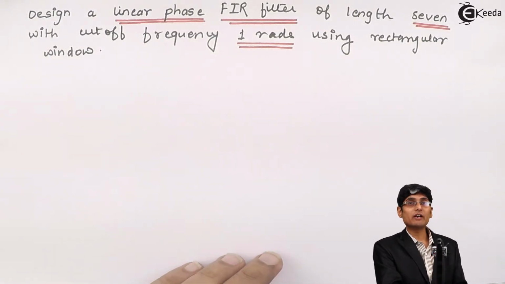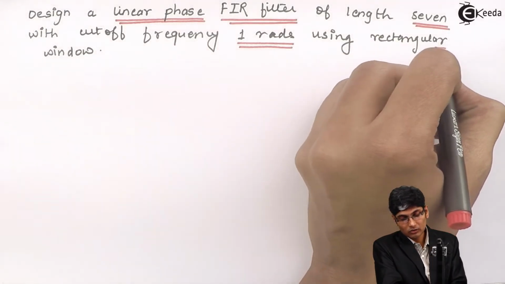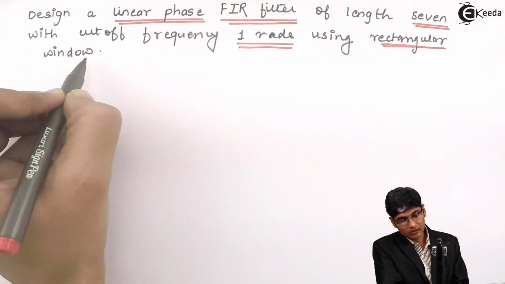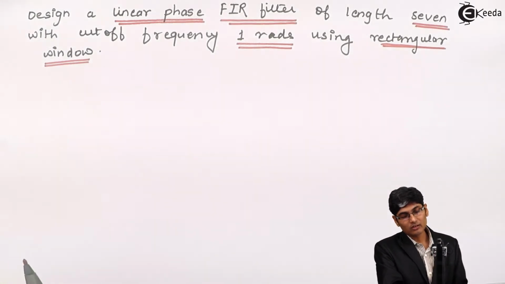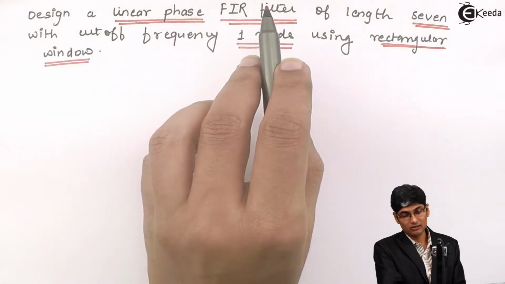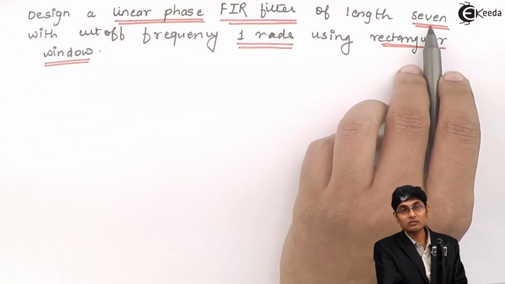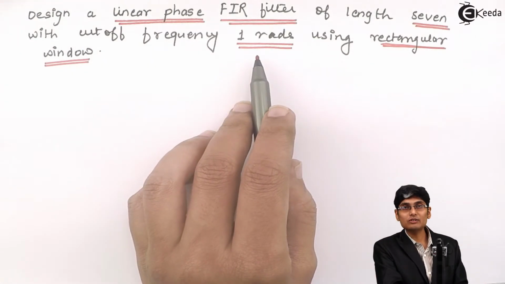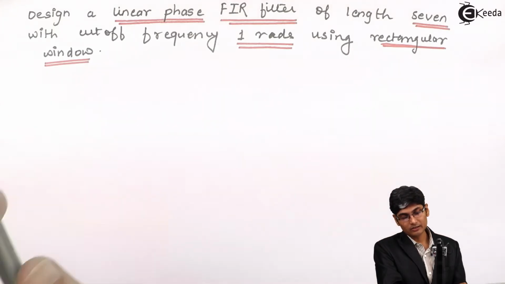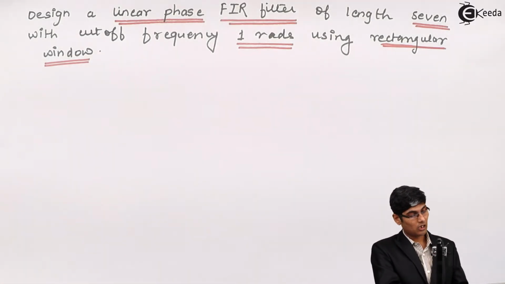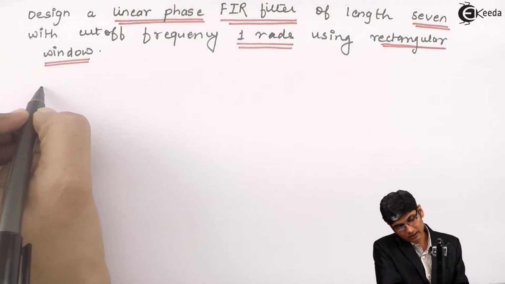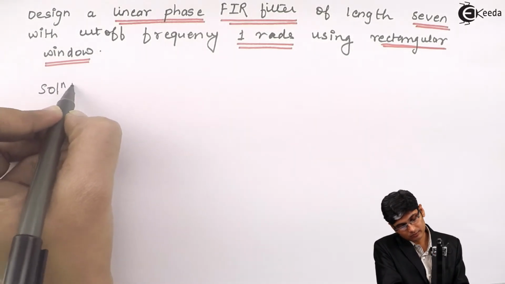They are also specifying which type of window should be used: a rectangular window. So we have these 5 things given to us: the linear phase, FIR filter, 7 is the order, cutoff frequency is 1 radians, and they have asked to use a rectangular window. Let us start our solution.